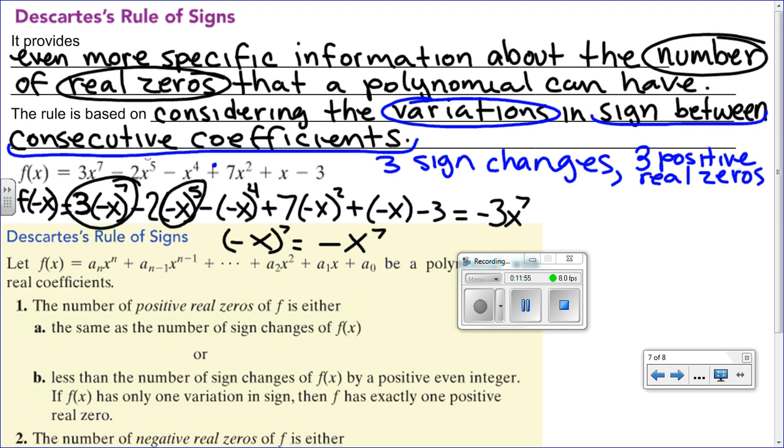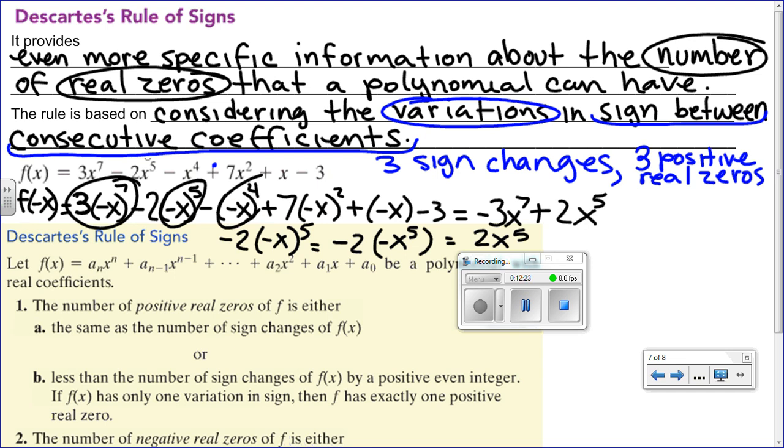Now from here, I'm going to get also, so I have negative 2 times negative x to the 5th power, and that will equal positive 2x to the 5th power. So that will go here.